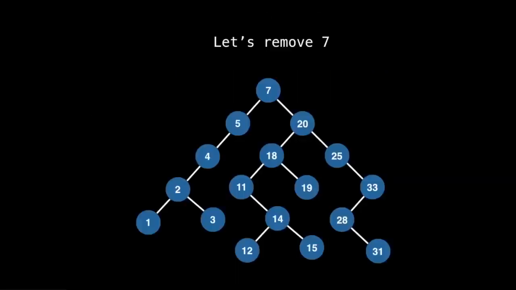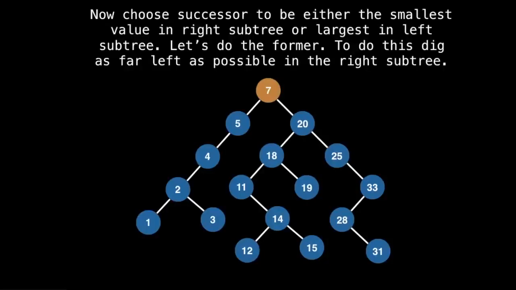So if we have this tree, and we want to remove 7, well, 7 is a case 4 because it has both a left subtree and a right subtree. So find 7, we've already found it. And now we get to either pick the successor in our left subtree or our right subtree. I'm going to find the smallest value in the right subtree.